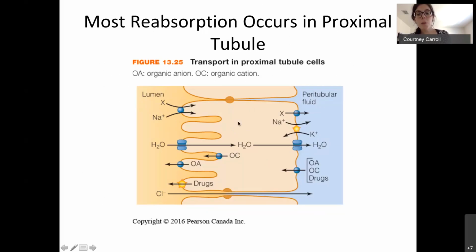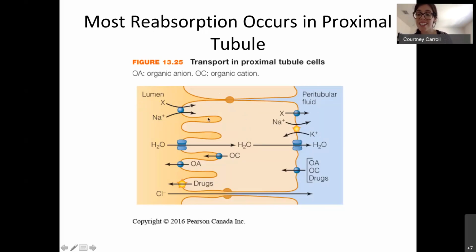And we're going to maintain a gradient where sodium will want to come into the epithelial cells by keeping the concentration low. So we keep the concentration of sodium inside the epithelial cells low with that sodium-potassium pump, okay? So sodium will use that gradient to come into the cell. We'll then build up a concentration of whatever X is in that epithelial cell.